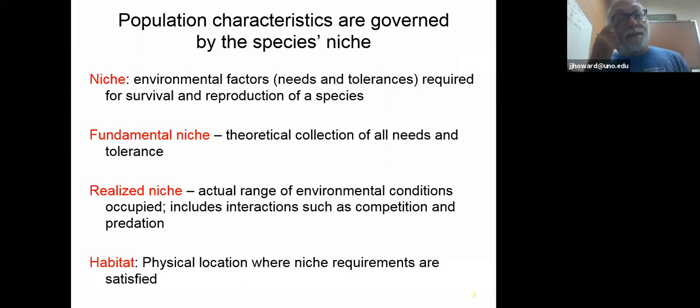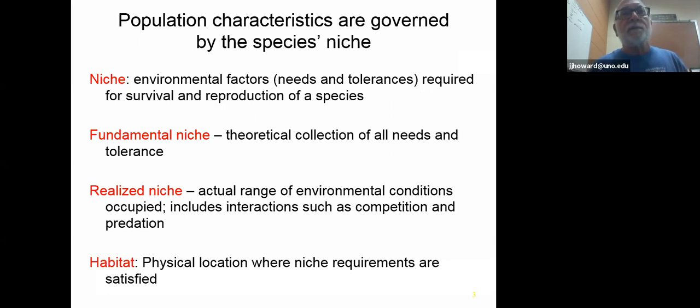Now, we think of the niche in a couple of ways. First, there's the fundamental niche, and that's the theoretical collection of all needs and tolerances under which a species could potentially survive. However, organisms have to share the environment with other species in any real community.